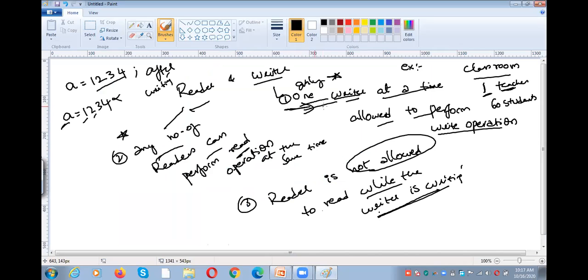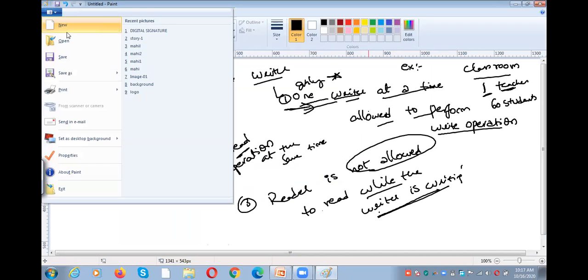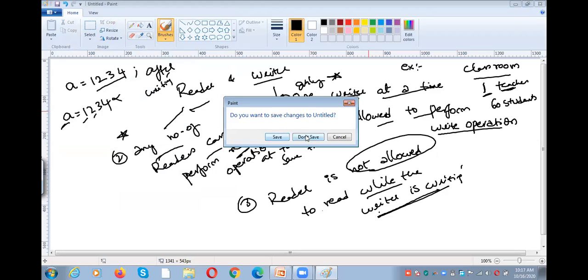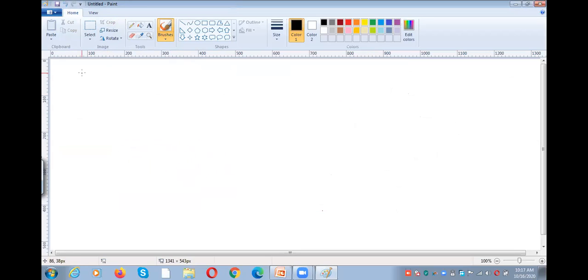Only one writer at a time is allowed to perform the write operation. Here we have three variables. Mutex is initialized to 1. WRT is for the writer, also initialized to 1. And the next one, read count, is initialized to 0.